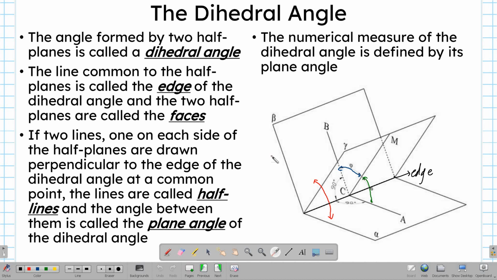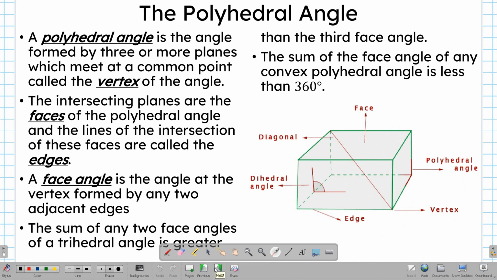If the dihedral angle is just the intersection of two half planes, then the polyhedral angle is the angle formed by three or more planes which meet at a common point called the vertex of the angle. So here we have a comparison. This is a dihedral angle, the entire intersection of two half planes.